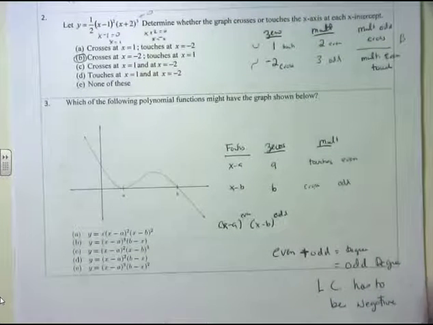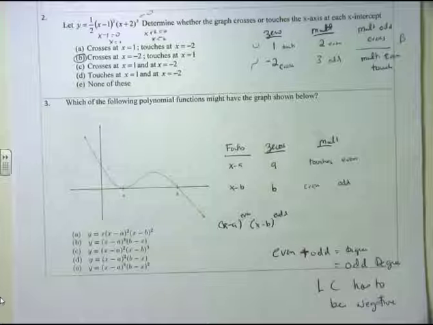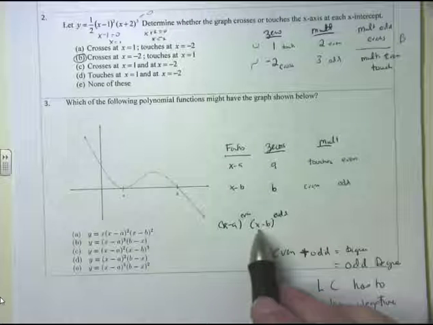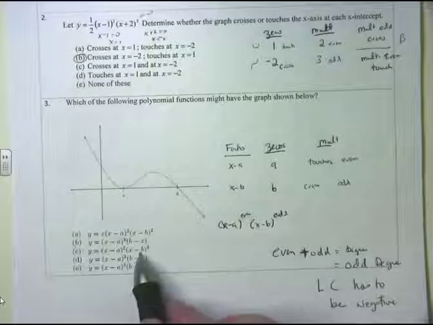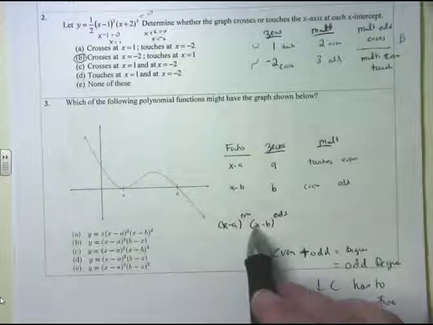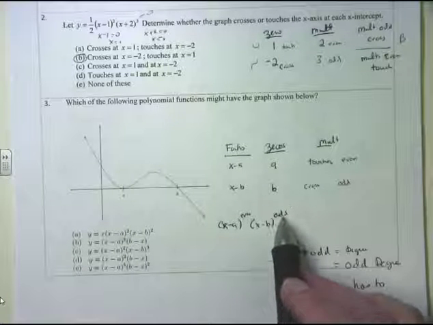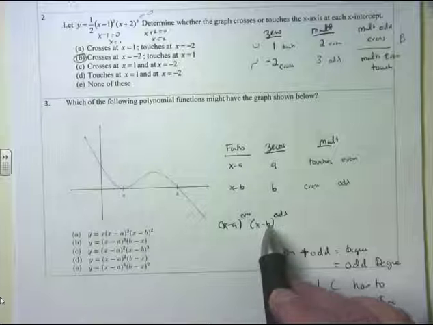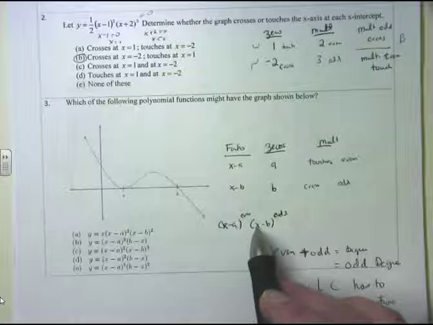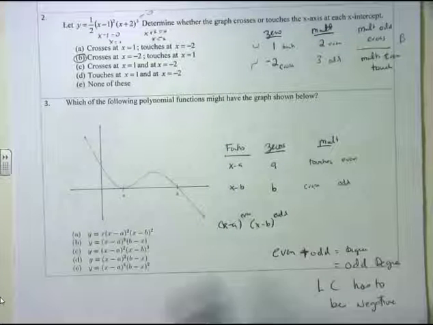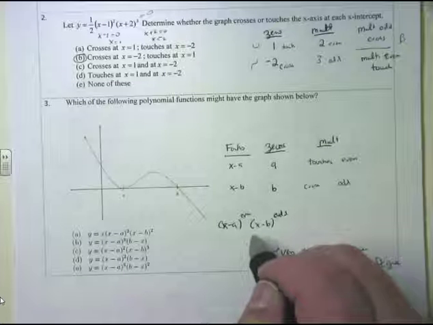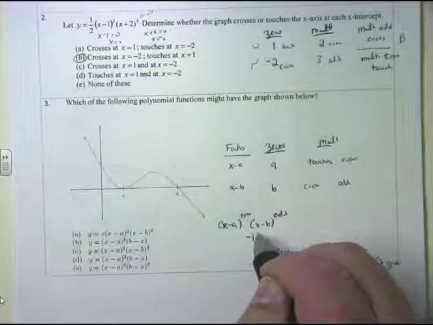So I've got to figure out the one that's going to have a negative leading coefficient. And how you're going to get that negative is what they did. It looks like they switched these around, because if you switch around something to an odd power, instead of x minus b, you get b minus x to an odd power. That would mean I have to take out a negative 1.